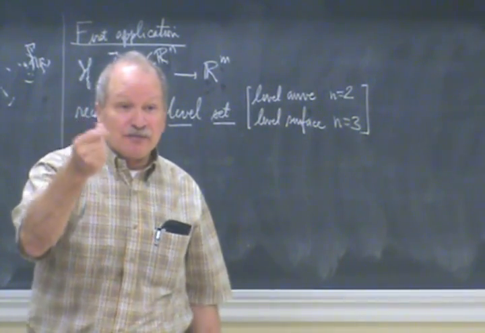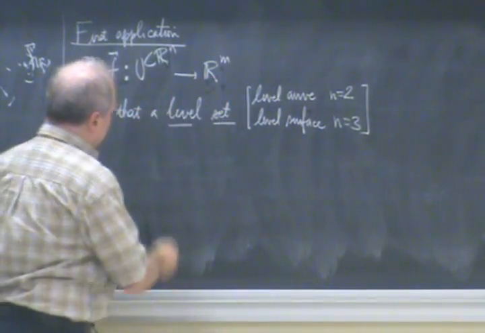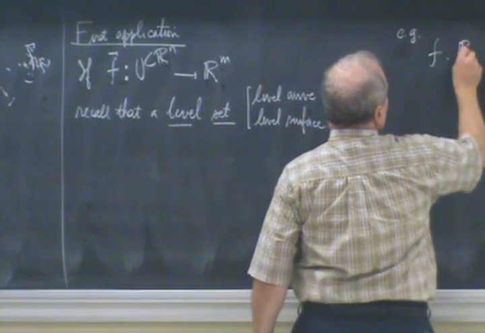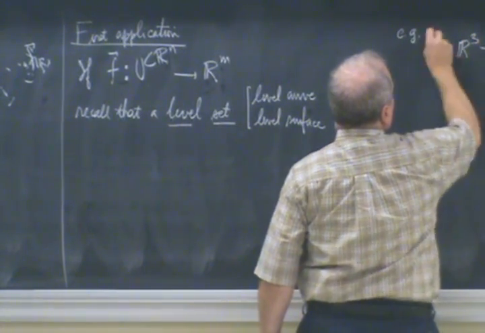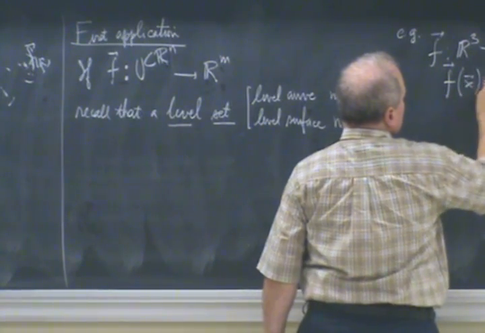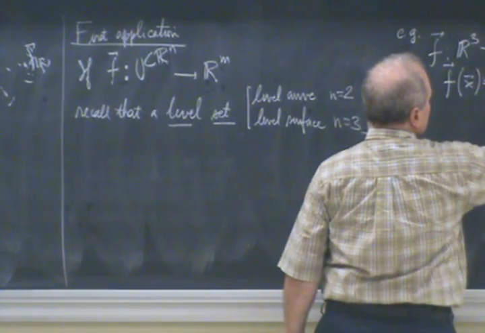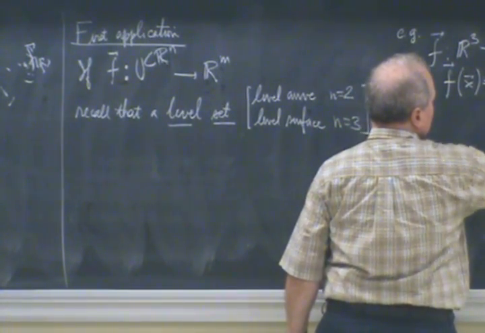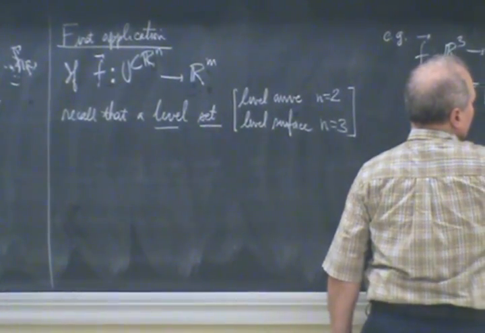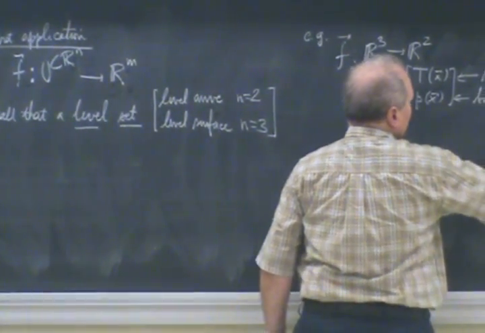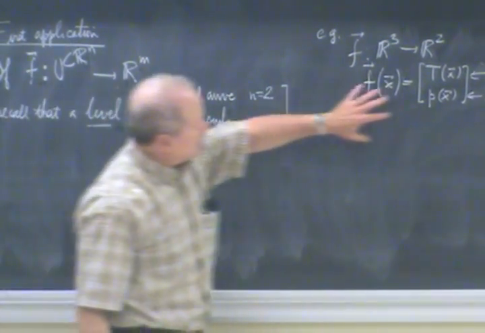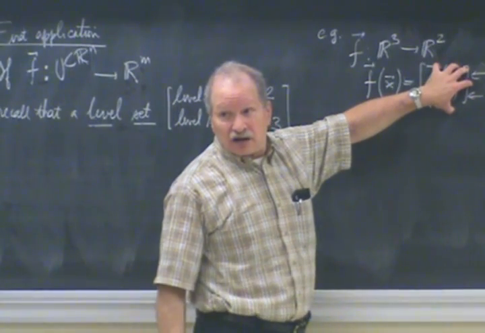Fix a temperature. Then you're fixing a point here in R2. And we look at f of a point x is the temperature at x and the barometric pressure at x. If you now want to talk about a level set, you're setting this equal to a constant vector.